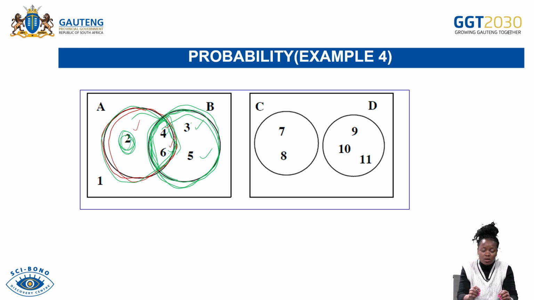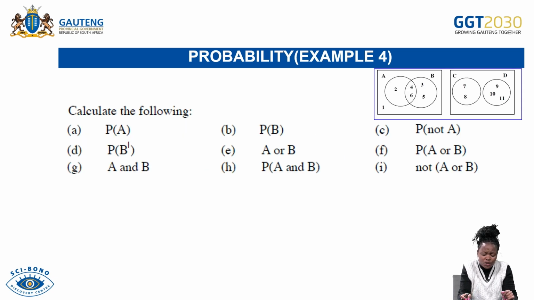As long as there is "only", then it means we are talking about the 3 and the 5 only. We exclude the intersection because the intersection is including the event A, and in the statement they said it's event B only. And then with this one, you move to example number 4.